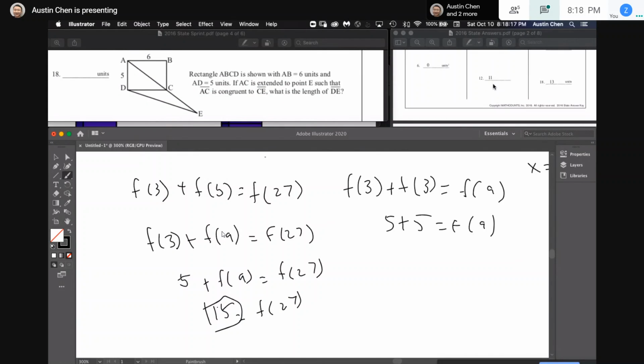All right. Number 18. Rectangle ABCD is shown with AB equals 6 units and AD equals 5 units. If AC is extended to point E such that AC is congruent to CE, what is the length of DE?